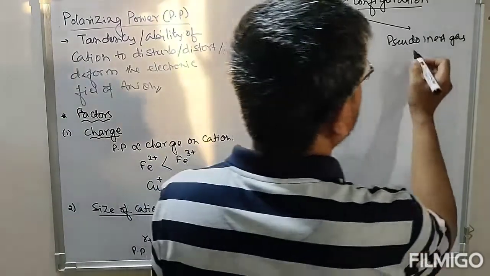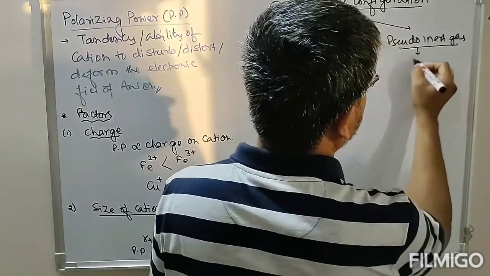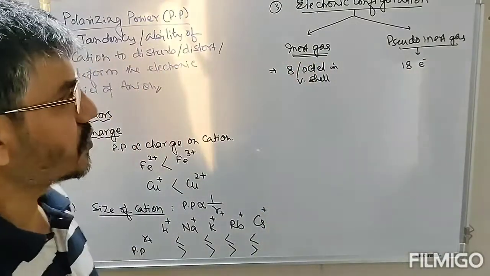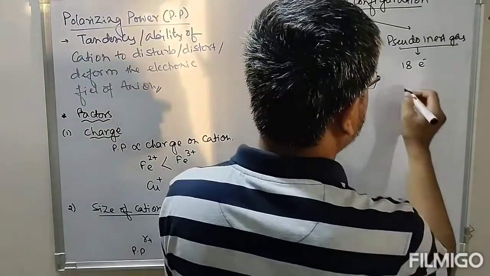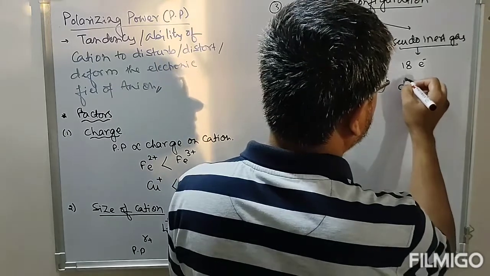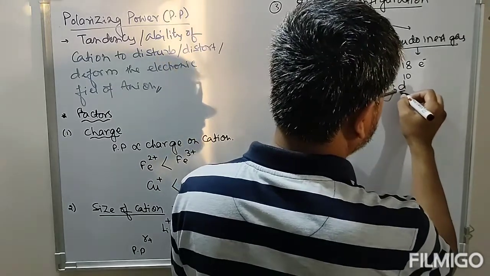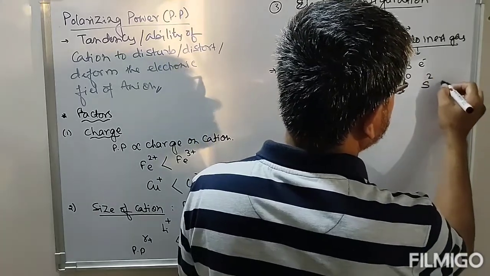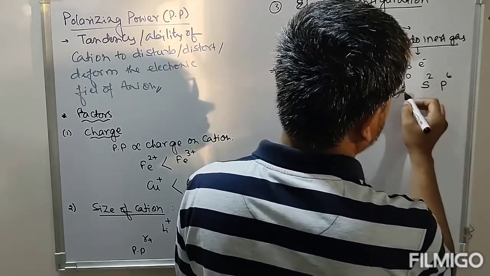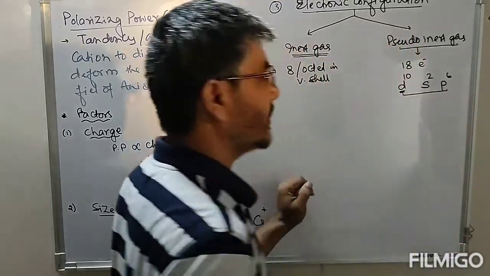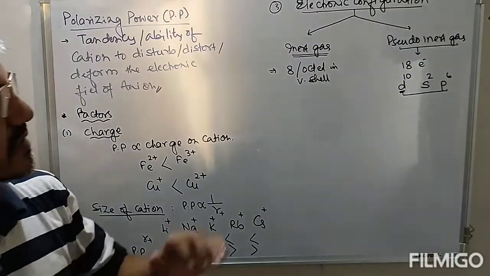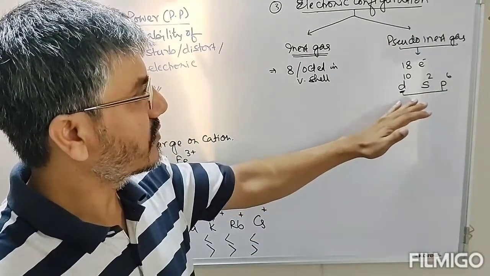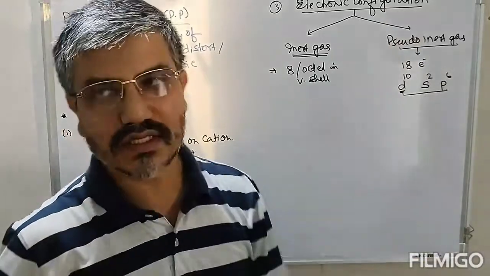In case of pseudo inert gas configuration, we have 18 electrons: 10 electrons in d, 2 electrons in s and 6 electrons in p. So the valence shell should have 18 electrons. This type of electronic configuration is known as pseudo inert gas configuration.